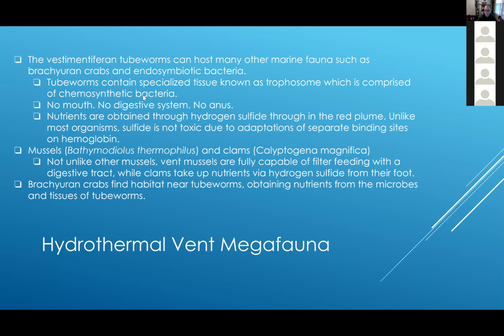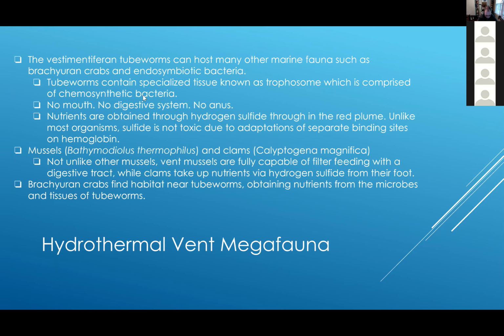So the way it lives is through that red plume, where it absorbs the hydrogen sulfide and converts it into a usable energy form that it can use to survive, but it can also produce a trophosomal tissue around its outside, and that's made of chemosynthetic bacteria.